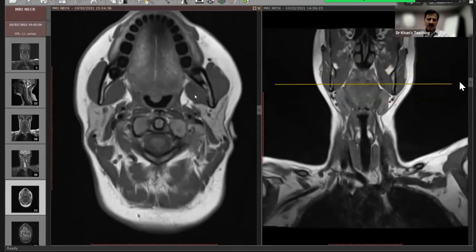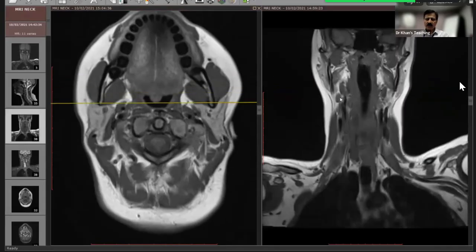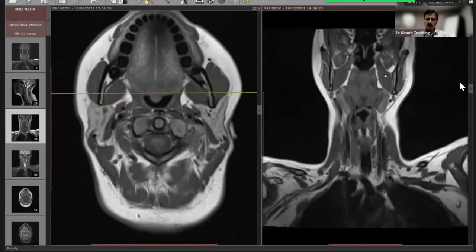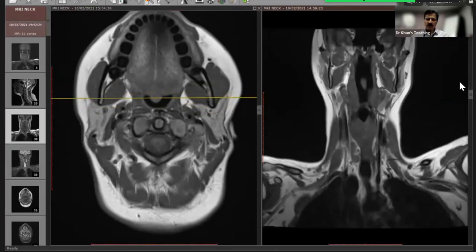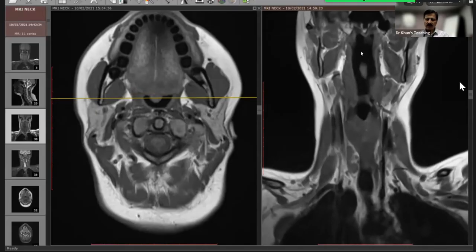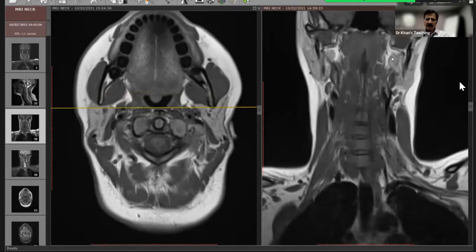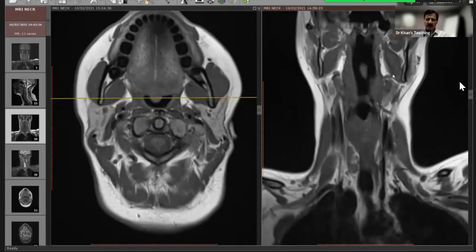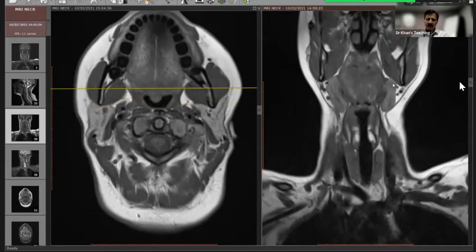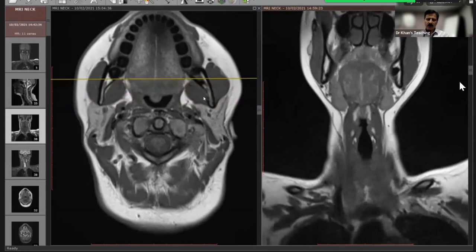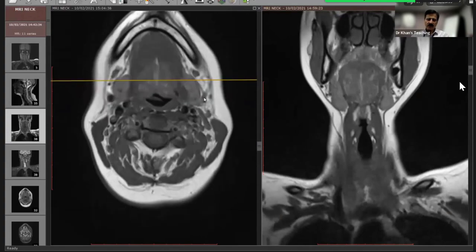But the key point is that it communicates with the submandibular space. So on this coronal sequence, we can see this thing here, right? And you can see this, and this is the submandibular gland. So this is the parapharyngeal space.